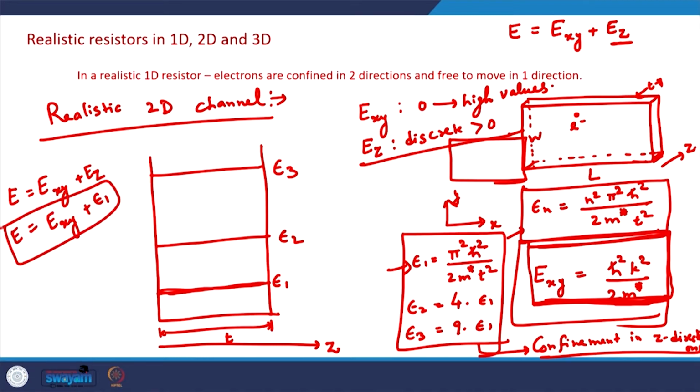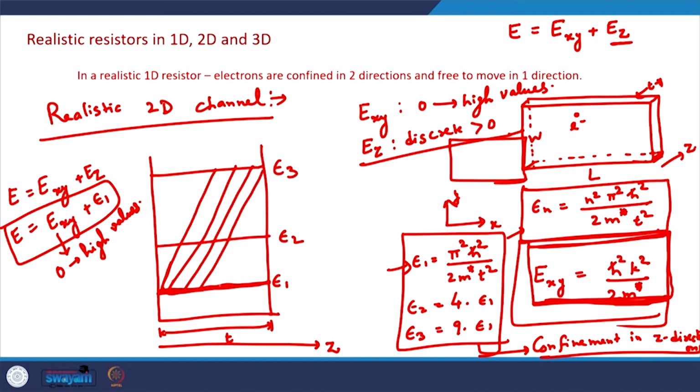So, because EXY can go from 0 to very high values, the electrons that have energy epsilon 1 in the z direction may have total energy anywhere from epsilon 1 to a high value.